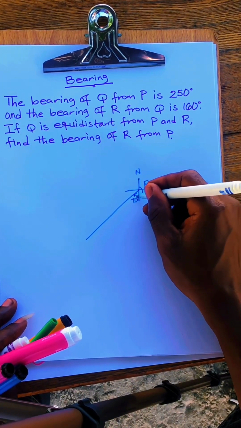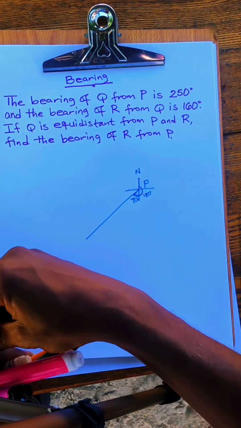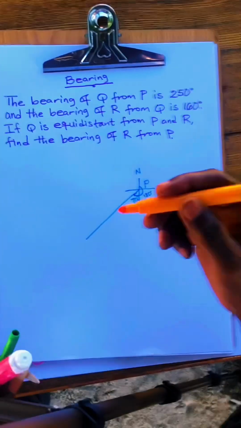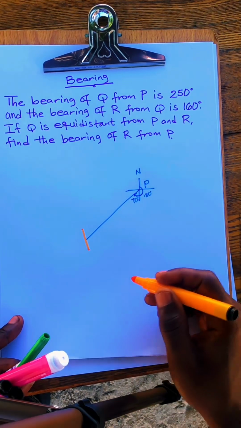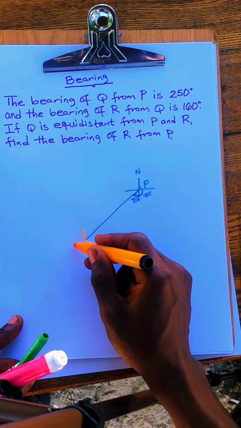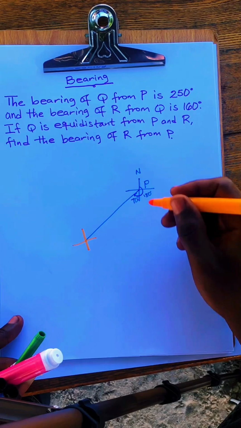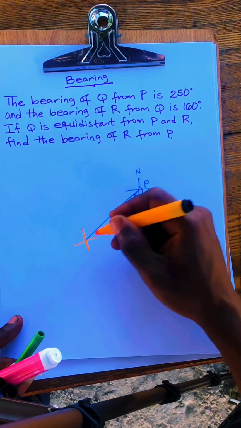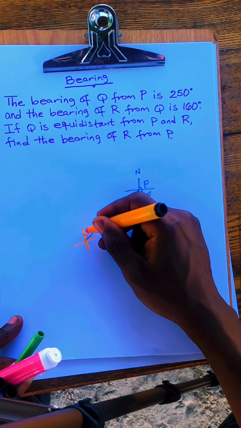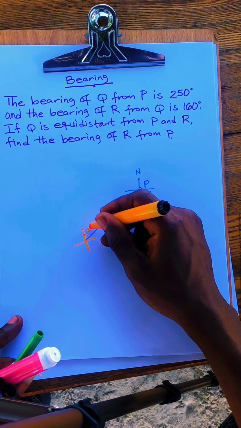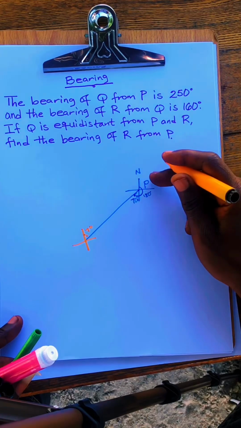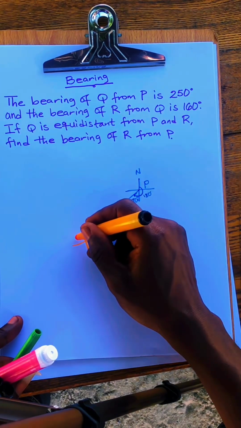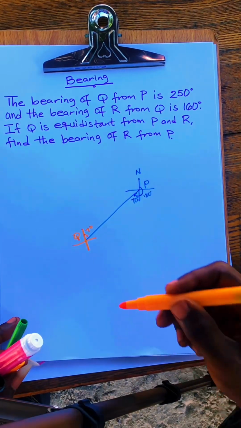The next thing, the straight line measures 180 degrees. So 180 degrees plus the 70 degrees that is coming from south to the terminal line, because 70 degrees plus 180 degrees gave us 250 degrees. So the bearing of Q from P is 250 degrees.